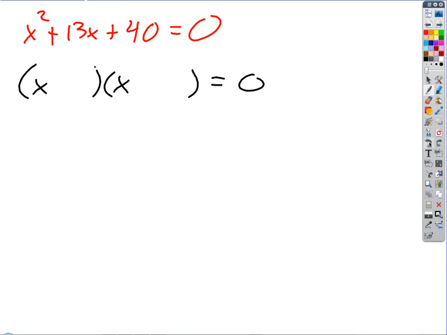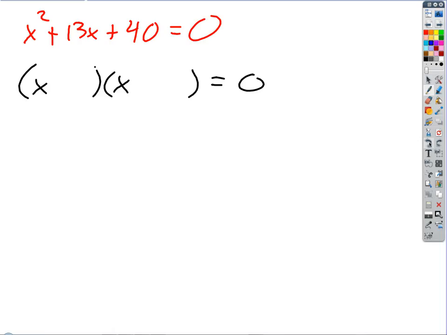If the answer is going to be 0, then I could just ask the question, what x value is going to make the first factor equal 0? And that's easy to find, and that's one of my answers. And then what x value makes the second factor 0? And that's my other answer. Yes, ma'am? Okay. So that's why I'm doing this. Good question. That's why I do this.